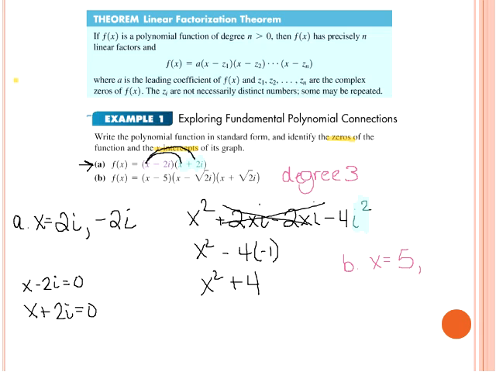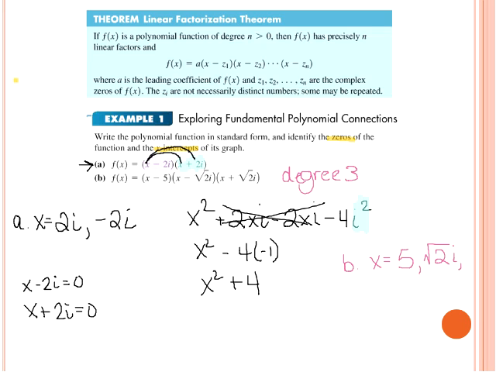What will x equal if I solve for that in the middle factor? Positive square root 2i. And the i is on the outside. It's kind of hard to see. It's on the outside there. We don't put i underneath the square root signs there.